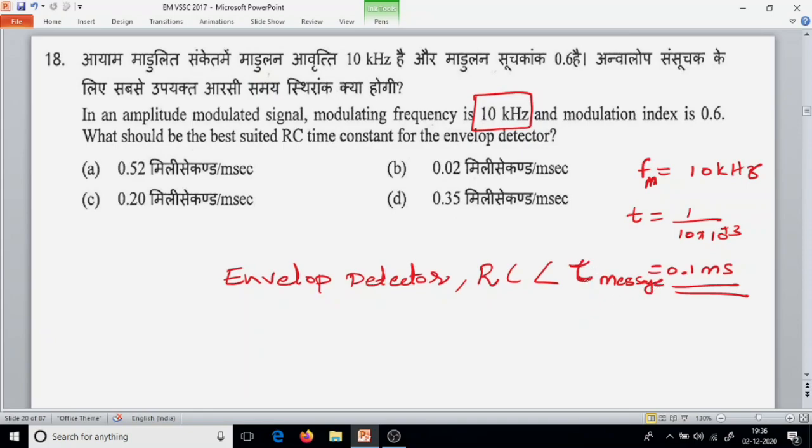This is also a time constant. If you compare all these, 0.02 is lesser than 0.1 millisecond. So the answer is option B.